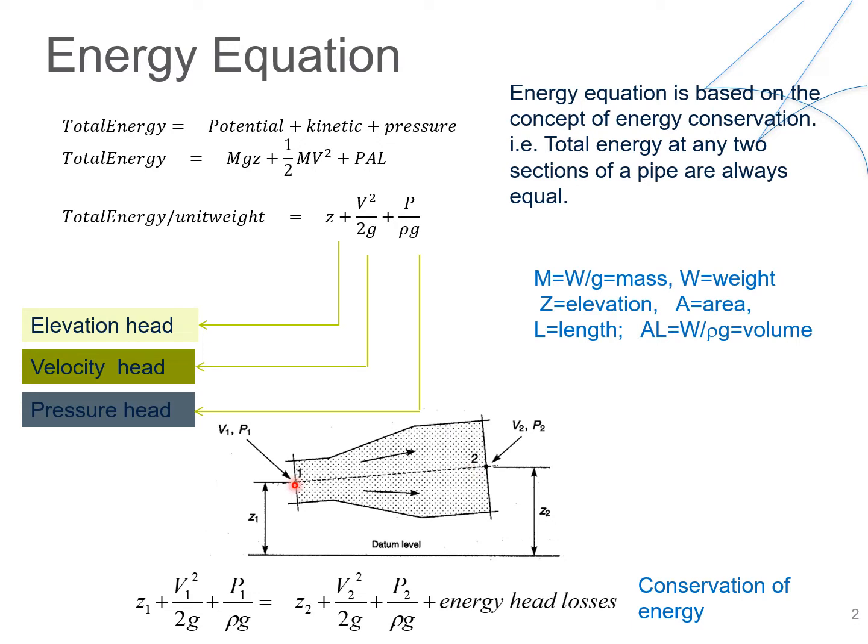So energy at section 1 should also be energy at section 2, because the energy can neither be created nor be destroyed. So total energy needs to remain same at these two sections. So that means that energy at a point remains the same as its upstream or its downstream another point.